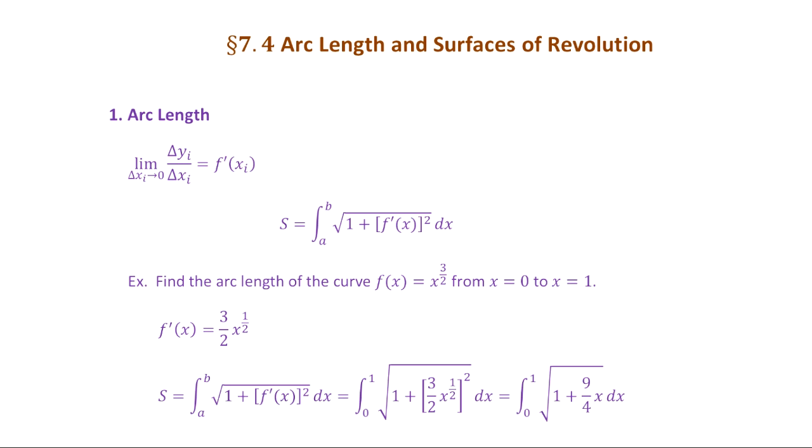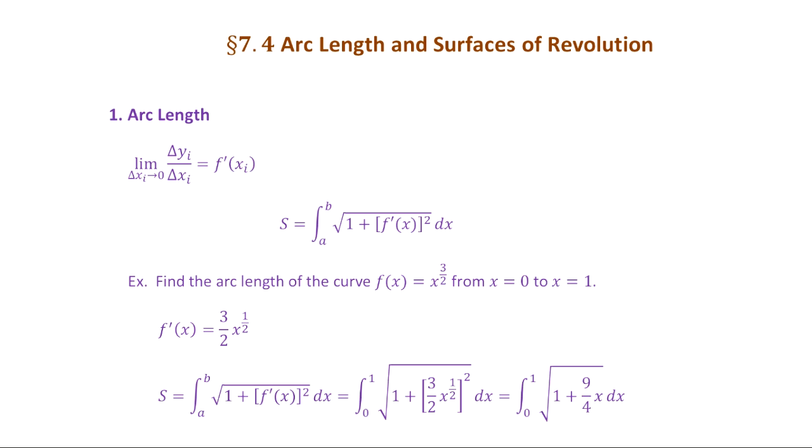But when you take the limit with delta xi approaching 0, that becomes the tangent line. So this quotient just becomes the slope of the tangent line, which is precisely the definition of the derivative of the function.